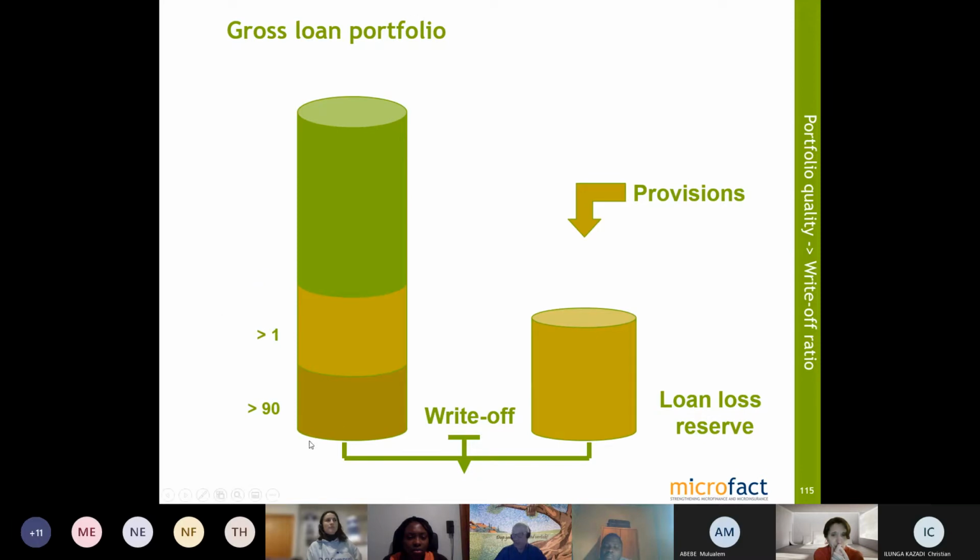So writing off is actually making your gross loan portfolio look better. It's much more healthy. If you now look at the contaminated part, a big part is gone, and it looks much better. You also have your loan loss reserves, and the balance between both is also different. But this is an exercise. This is the real situation to continue your activities.